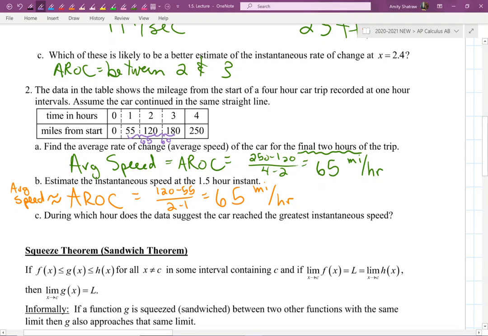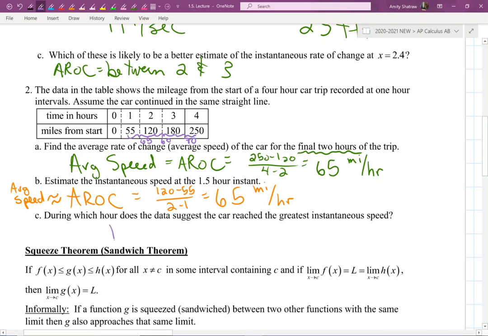Maybe you saw a cop for a minute, and so you slowed down a little bit while the cop was in your view. But going from 180 miles to 250 miles, that hour, I picked up some speed. I noticed that I was going slower in the hour from 2 to 3, and so for that last hour, from 3 to 4, I picked up my speed and I went an average of 70 miles.